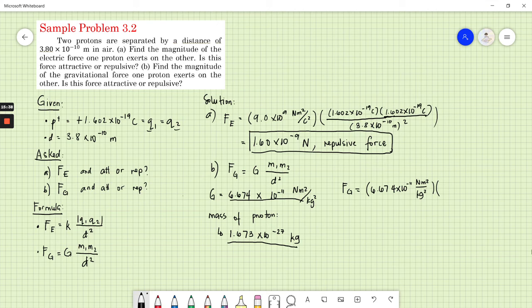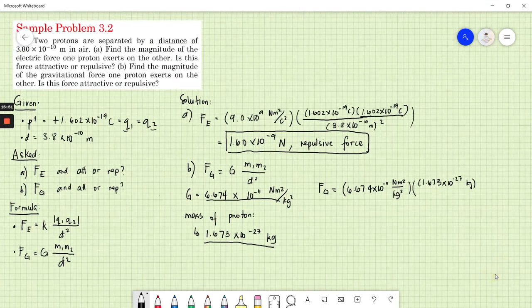The mass is always going to be positive. That's 1.673 times 10 raised to negative 27 kilogram, multiplied by another 1.673 times 10 raised to negative 27 kilogram.